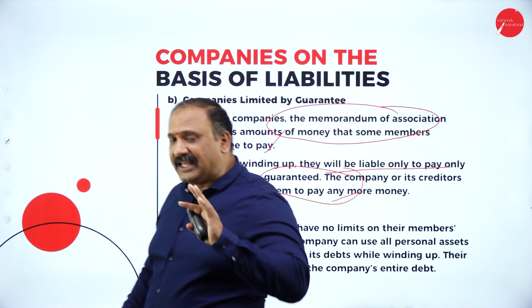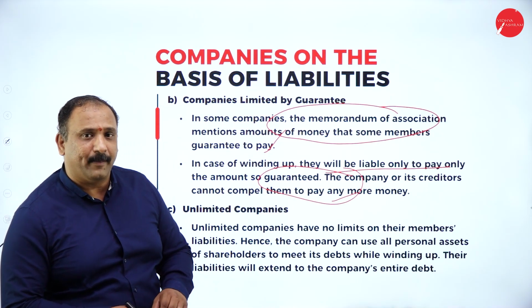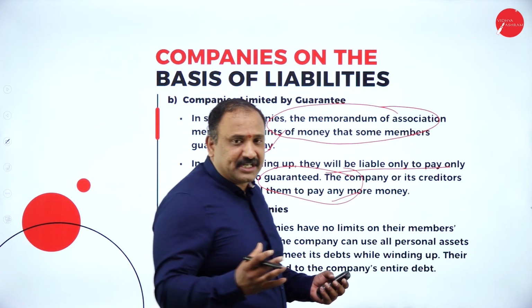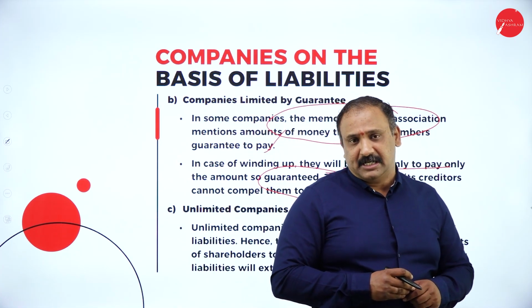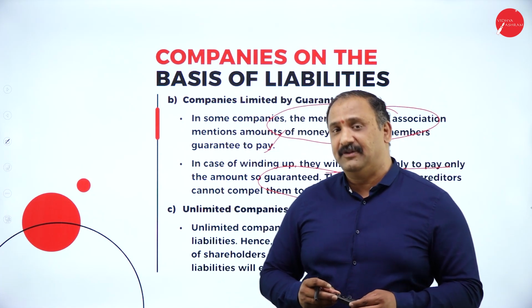Now, this guarantee concept is slightly difficult. Why? Because we never know about the corporate scenario that goes ahead with us. So most of the companies do not promise anything to their investors.